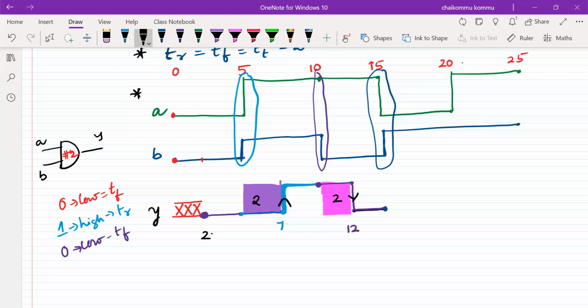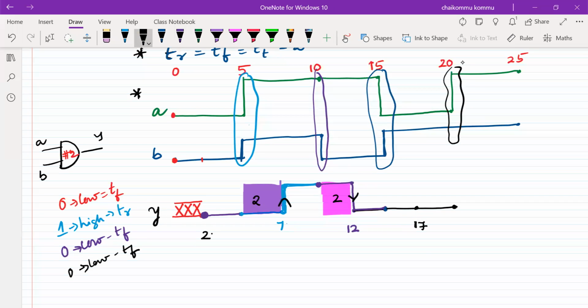So something like this, I'm using this black color. So this continues up to this point. Again, you can see there is a change here. 1, so it is a rise. So for this 0, it follows the same thing. 2 nanoseconds means it will wait until 17.